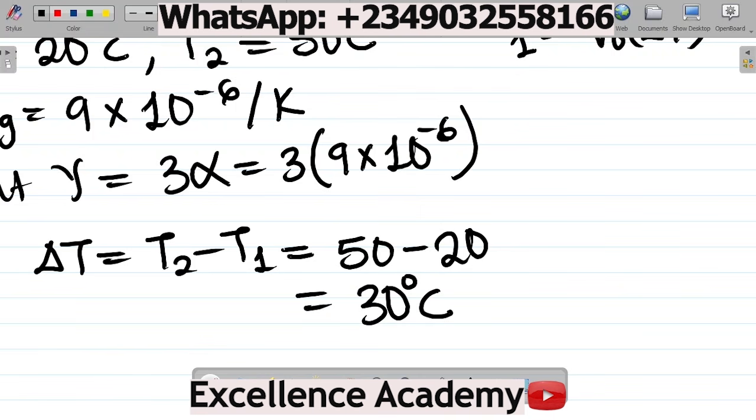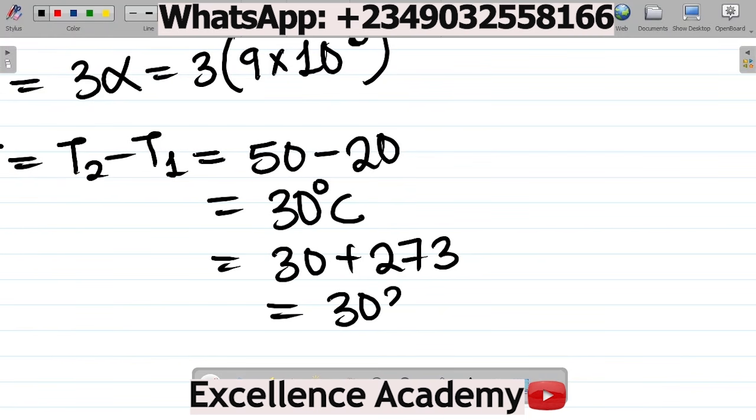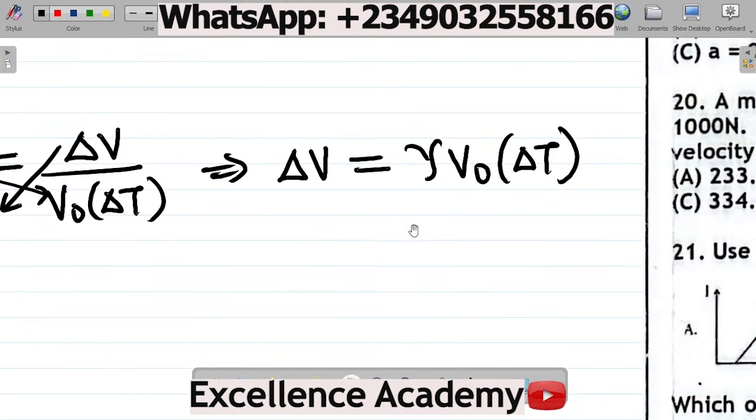We'll convert 30 degrees Celsius to Kelvin, and to do that, we just add 273. So 30 plus 273 gives you 303 Kelvin. That's the temperature. Now let's impute values.